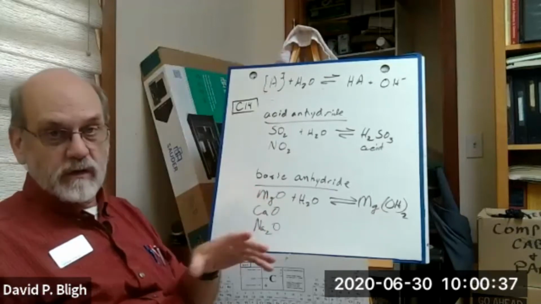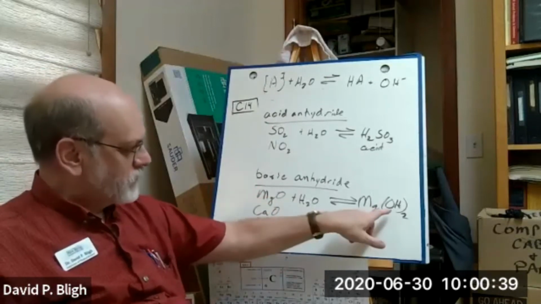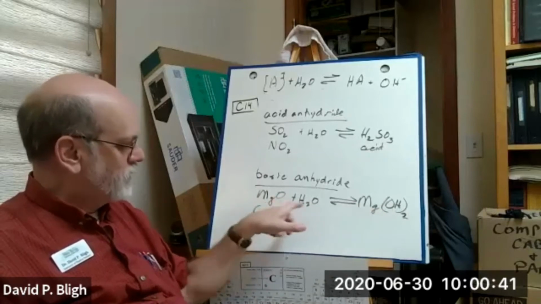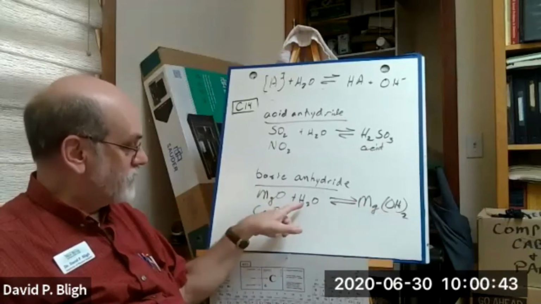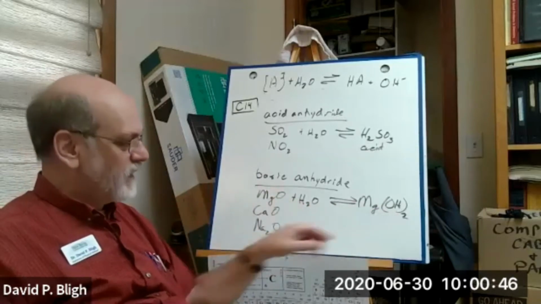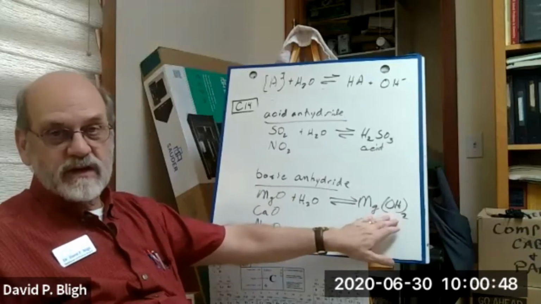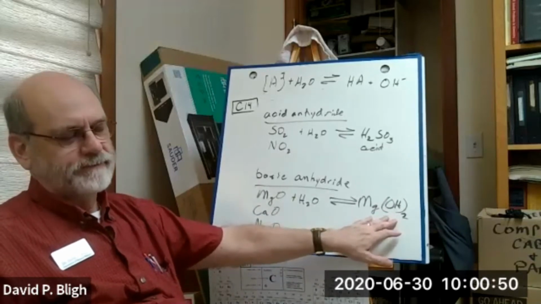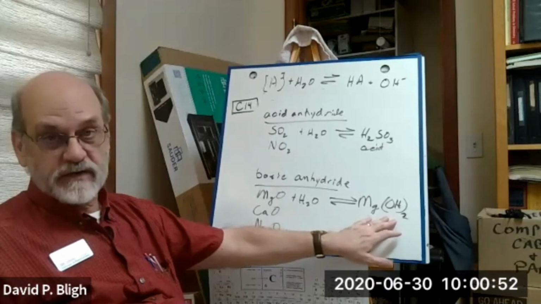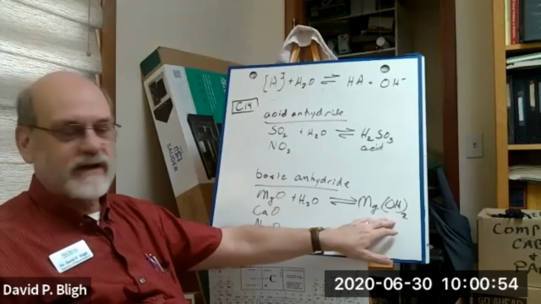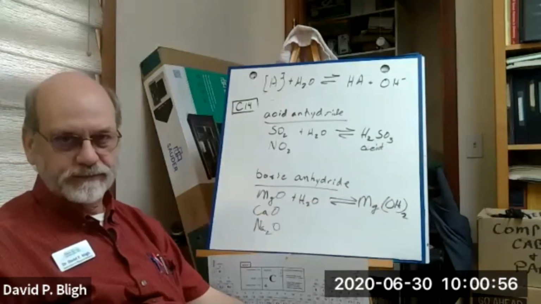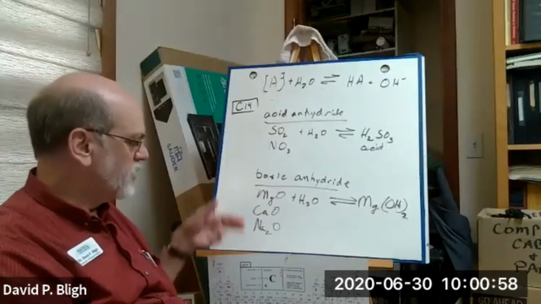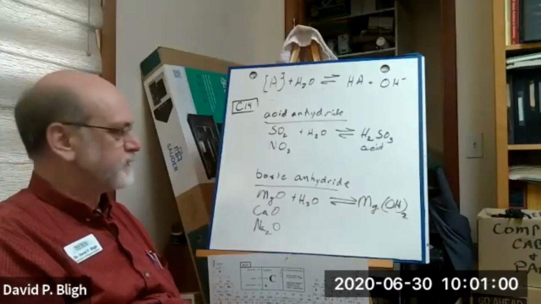And you can check for balanced equation: 2 oxygens, 1, 2, 1 magnesium, 2 hydrogens, 2 hydrogens. And that's actually an Arrhenius base because it has a hydroxyl in the molecule. You can do that with any one of these.